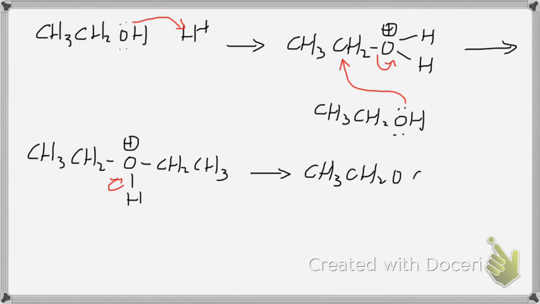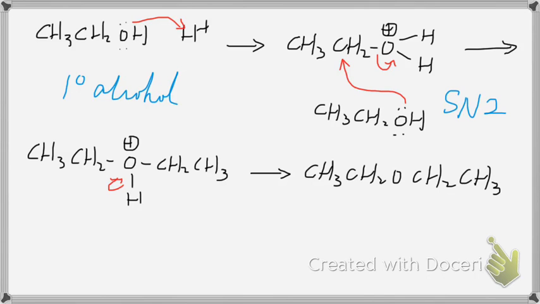And the last step, deprotonation, to give the final product. Okay, so it should be very straightforward. And the key step is the nucleophilic substitution step, when the second alcohol attacks the carbon with the protonated oxygen. SN2 reaction. Alright?